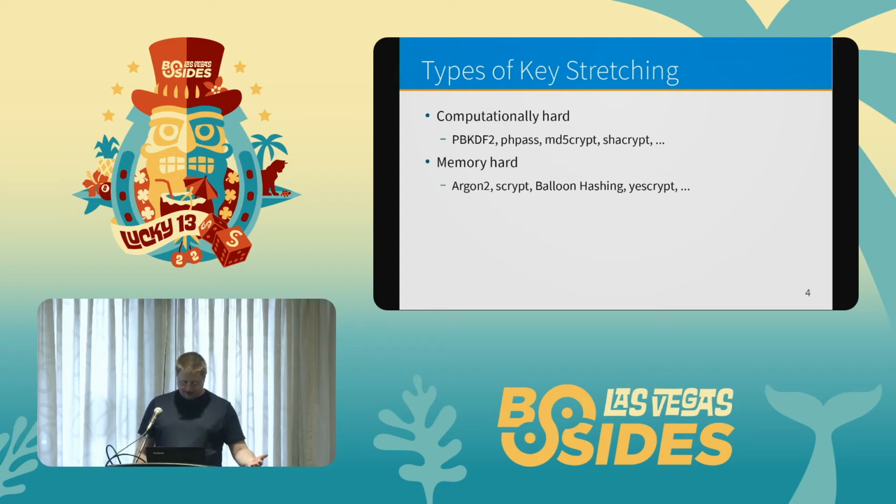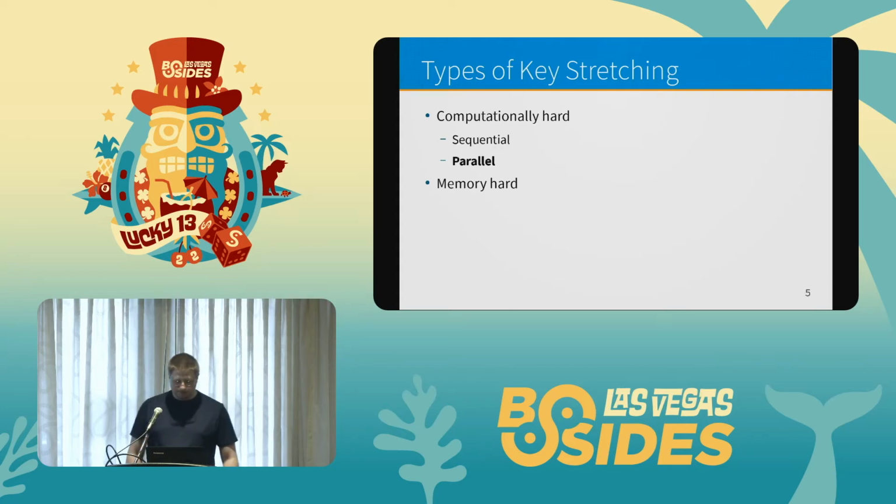And there's Argon2, bscrypt, balloon hashing, which doesn't actually have an official spec or anything like that, and yescrypt. Computationally hard has two subsections. One that I explained before, where you hash the password, then hash that, then hash it again. It's a very sequential operation.